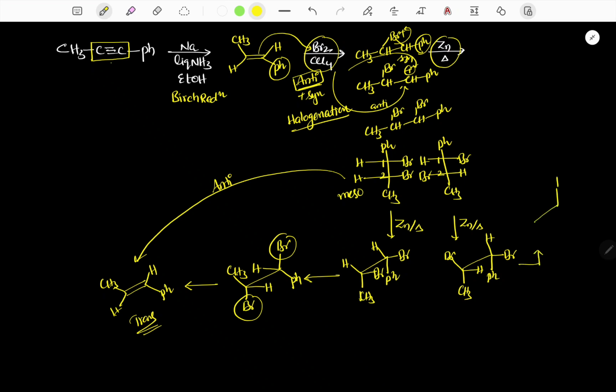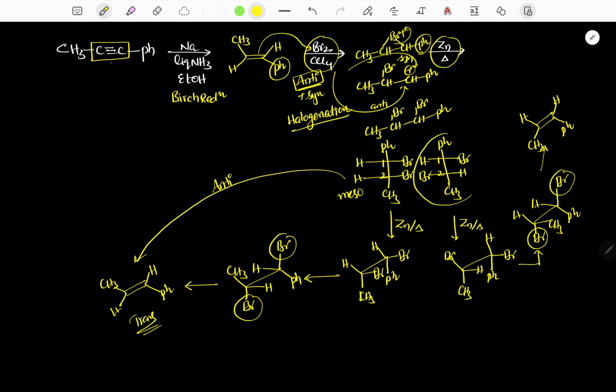Now here bromine, bromine on opposite sides, hydrogen, Ph, hydrogen, CH3. So we have to remove the 2 halogens, and finally we get the corresponding cis alkene.